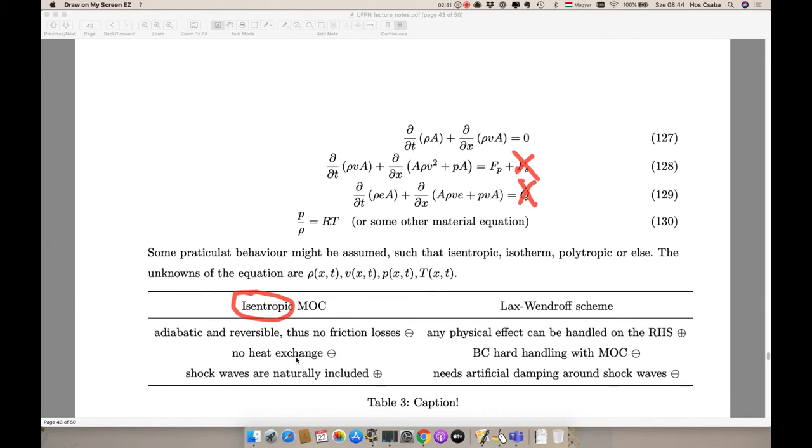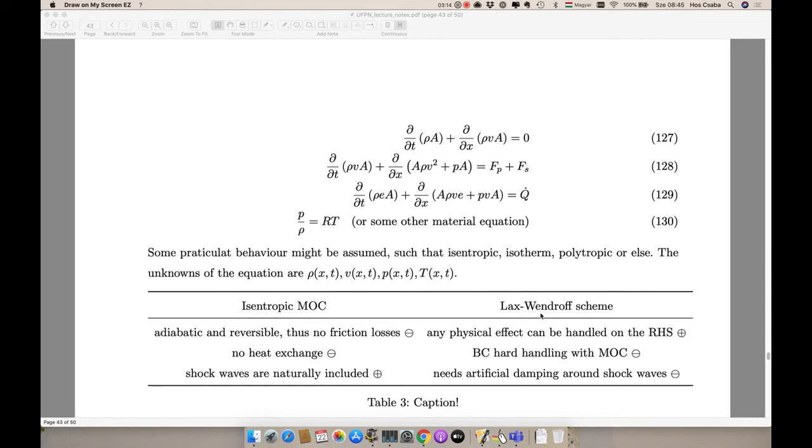You cannot have heat exchange, but it's fairly simple, and one huge advantage is that shock waves are naturally included. This is something that you've already seen on the open surface flows, that hydraulic jumps can very easily be handled, and very accurately, with these characteristics-based solvers.